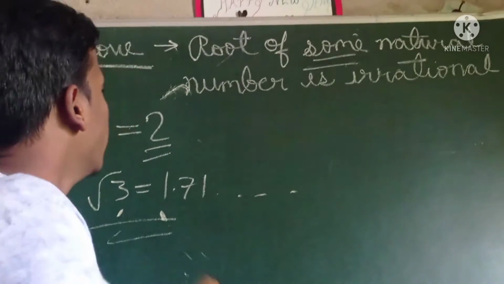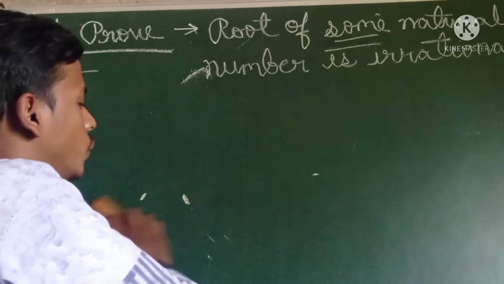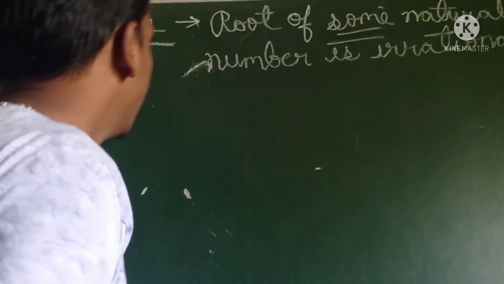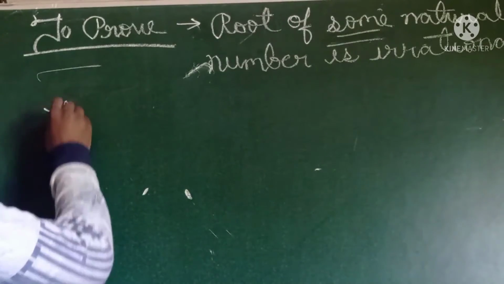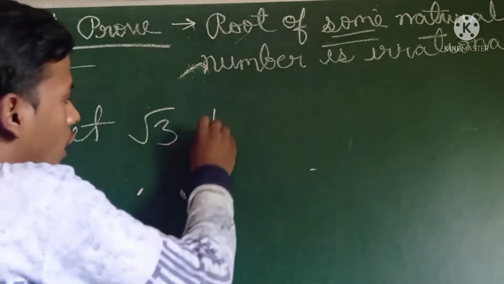How can we prove that root 3 is an irrational number? Let root 3 be a rational number.